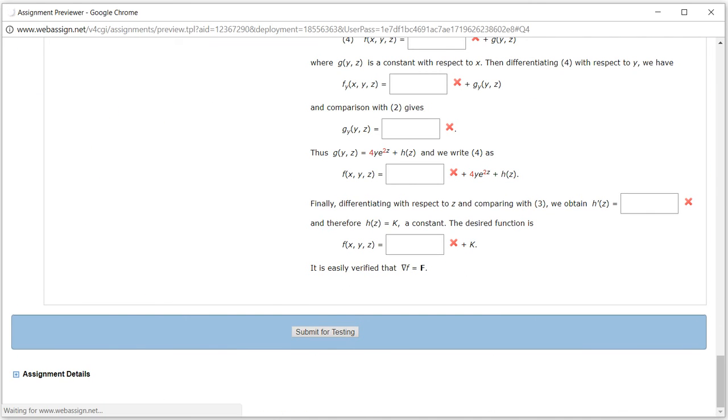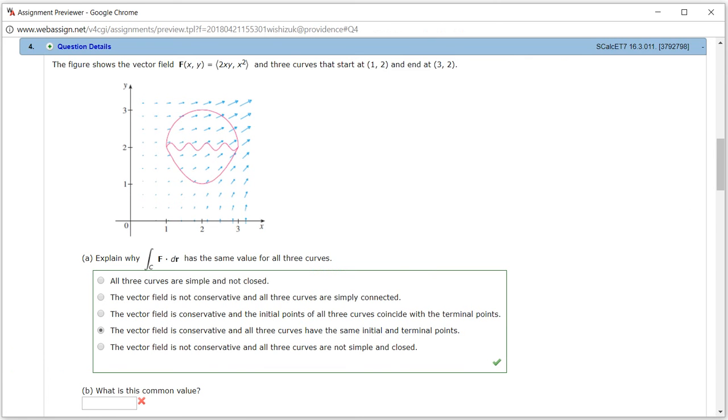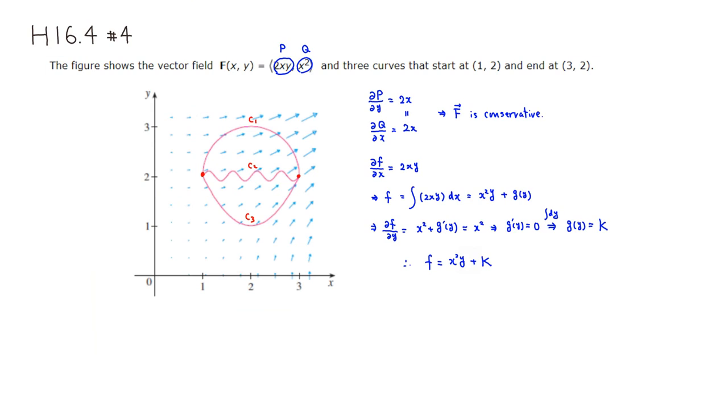I submitted it for testing, came back, and it looks like we got part A correct. Part B asks: what is this common value? We can use the fundamental theorem here.